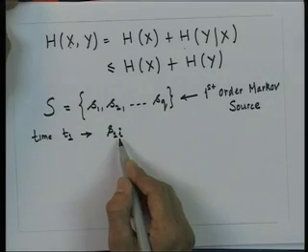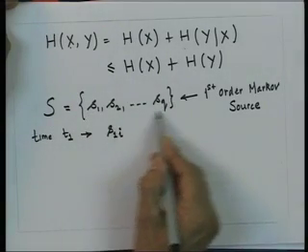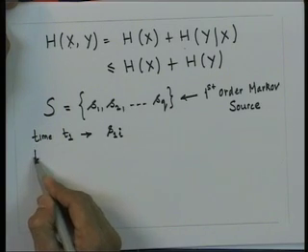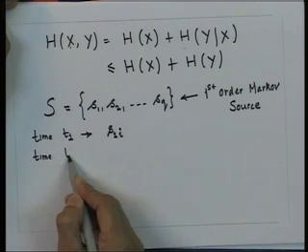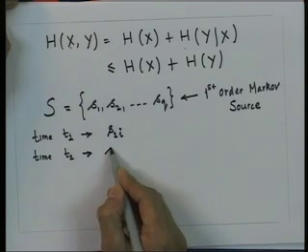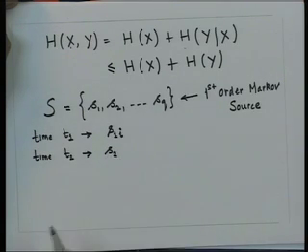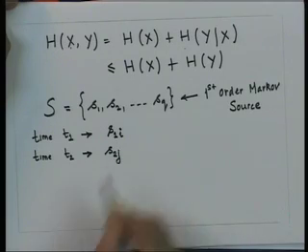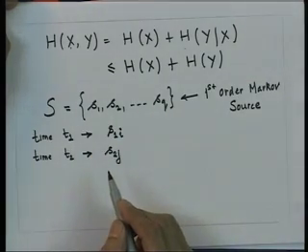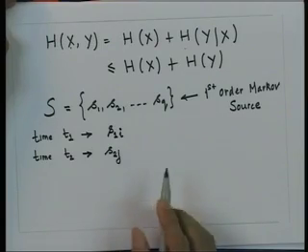So, S1i is one of the symbols from this source alphabet, and let me assume that I have another time instant t2, and at that instant another symbol occurs, and let us call it S2j. So, S2j is again one of the symbols from this source alphabet.